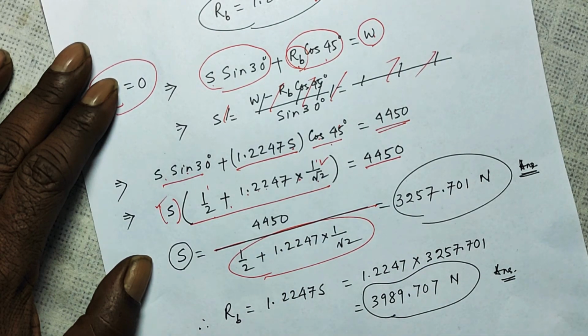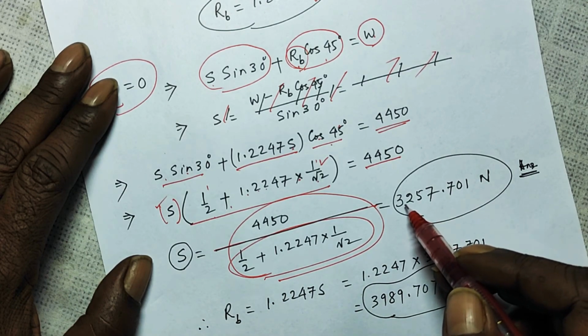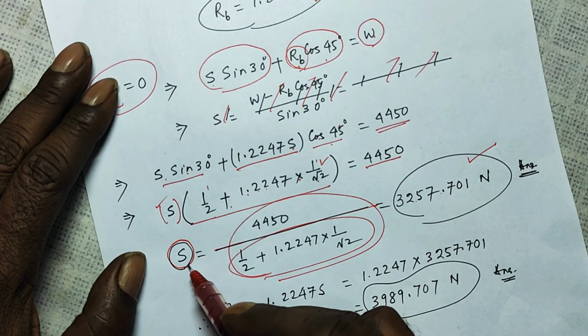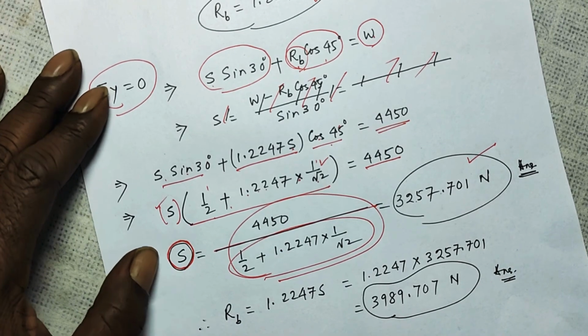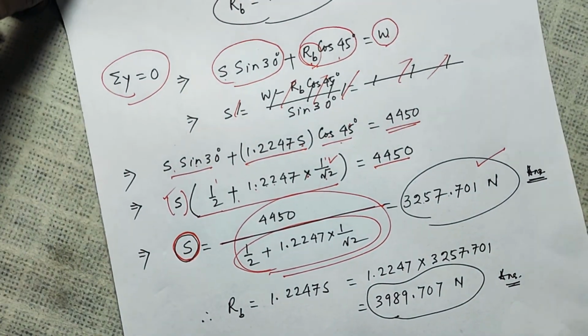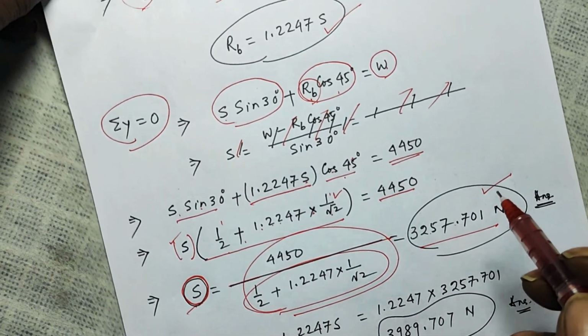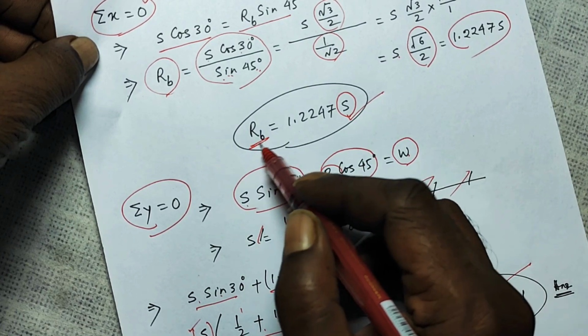Put it in a scientific calculator. These values are all numerical values. So this comes out to be 3257.701 Newton. That is the value of the axial force developed in the string, called the tension S. Now once you know the value of S, you can resubstitute it here to find RB.